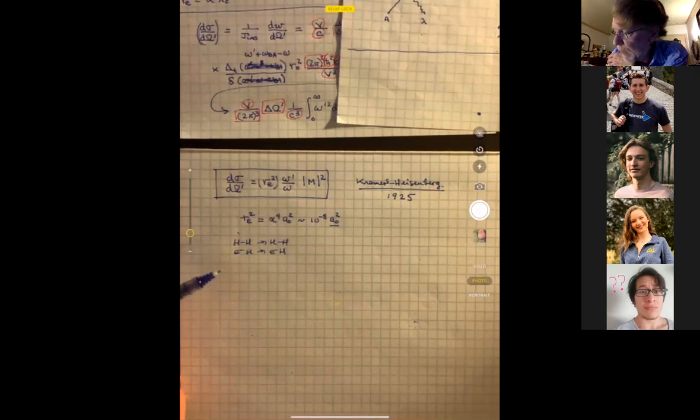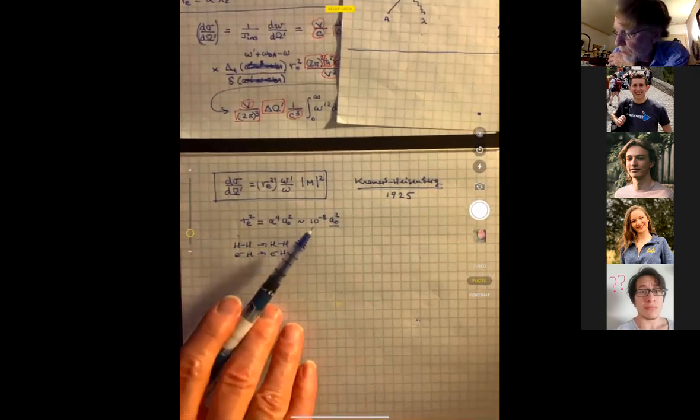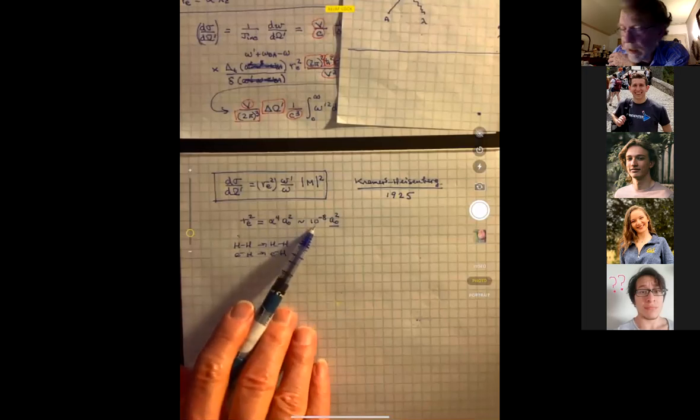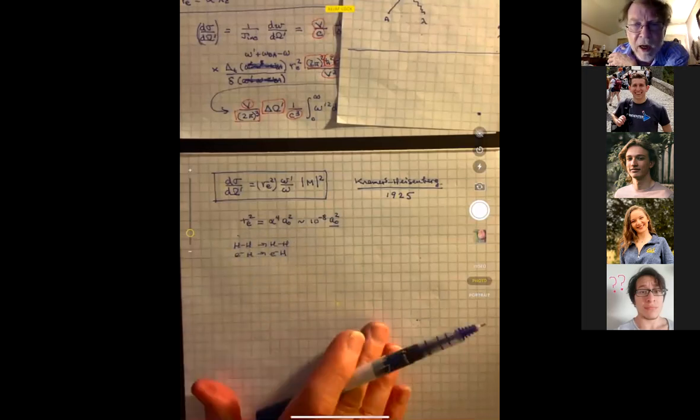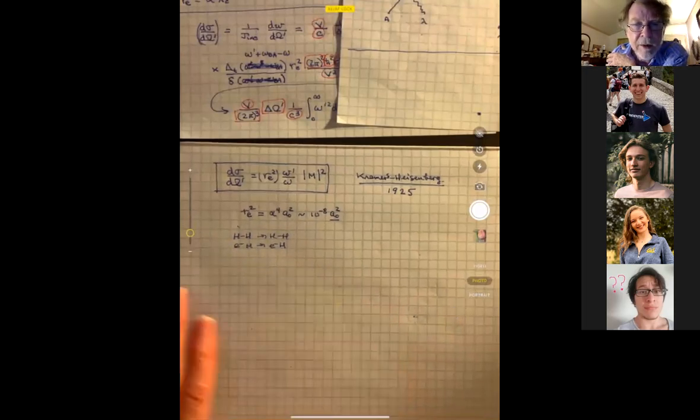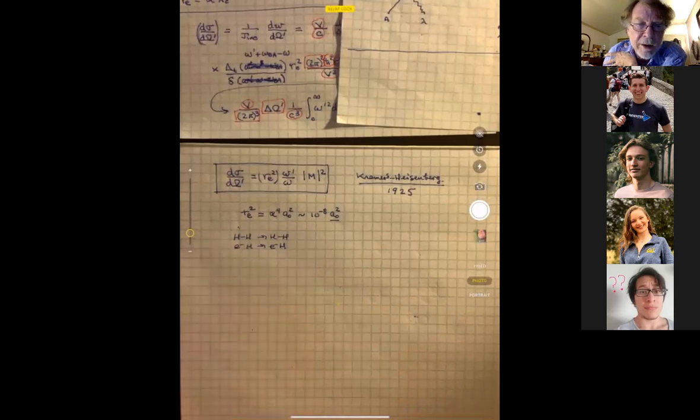But the mean free path for a photon is going to be, based on this scaling, something like 10 to the 8th or 10 to the 9th times as large. And so this turns into something like 50 kilometers anyway. That's the decay length or the mean free path of a photon traveling through air at STP, which is why you can see mountains in the distance, 20 miles away and things like that.